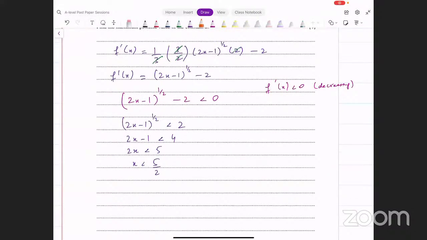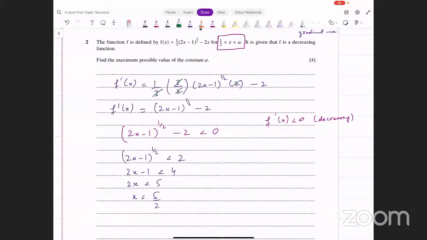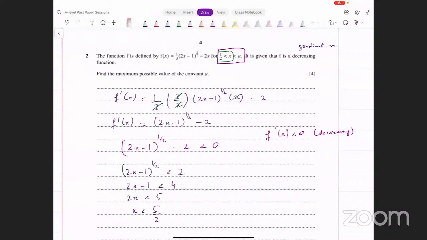So let me just actually clarify that more. यहाँ पे हमने square दोनों sides को क्यों कर दिया? क्यों ये allowed था यहाँ पे square करना? Normally inequalities में we are generally a bit careful. यहाँ पे हम क्यों कर सकते थे square दोनों sides पे? क्योंकि x की value देखें greater than 1/2 है. जब x की value greater than 1/2 है, इसका मतलब ये जो अंदर वाला part है ना पूरा, this is basically positive. ये positive है. ठीक है? Negative नहीं हो सकता है. So that's why we know both sides are positive. दोनों को square कर सकते हैं. मैंने यहाँ पे दोनों sides को इसलिए square कर दिया. So that's why we can do this here.